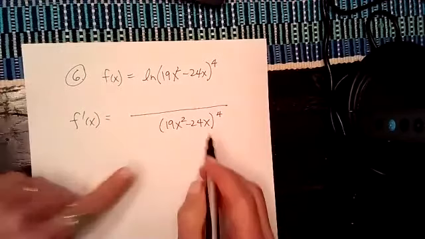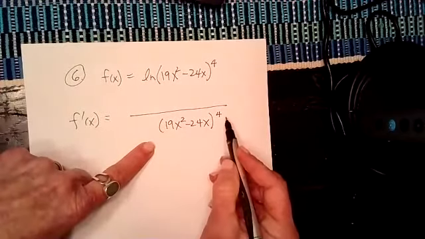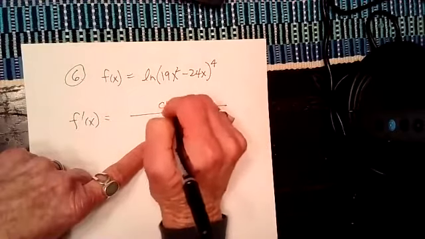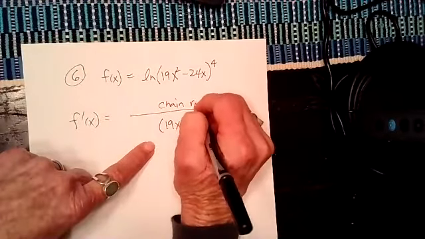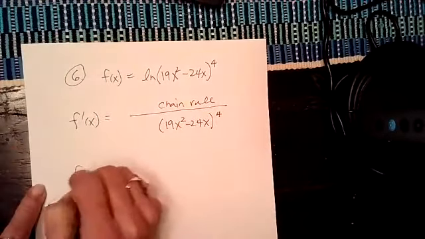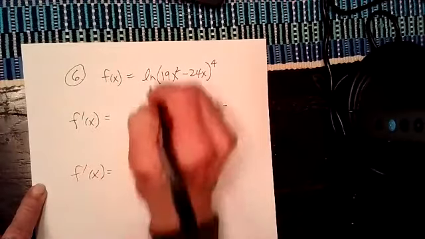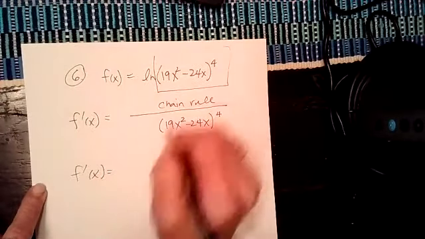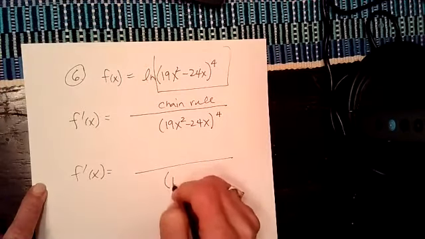And how do I take the derivative of a quantity to a power? I'm going to have to use the chain rule up here. So f prime of x is the derivative of my function over my function.